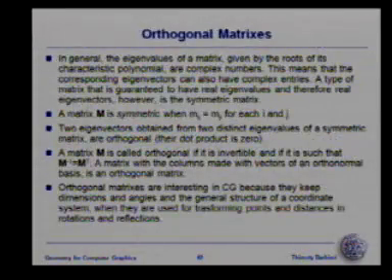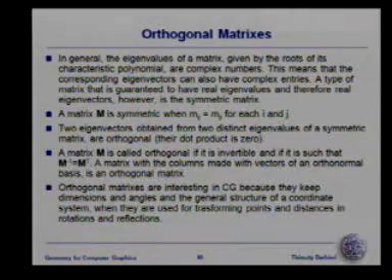Why do we care for eigenvectors? Well, why do we care for eigenvalues? Because we need eigenvalues to find the eigenvectors. Right. And why do we care about eigenvectors? Because if you create a matrix made with eigenvectors, you have the guarantee that that matrix is orthogonal.